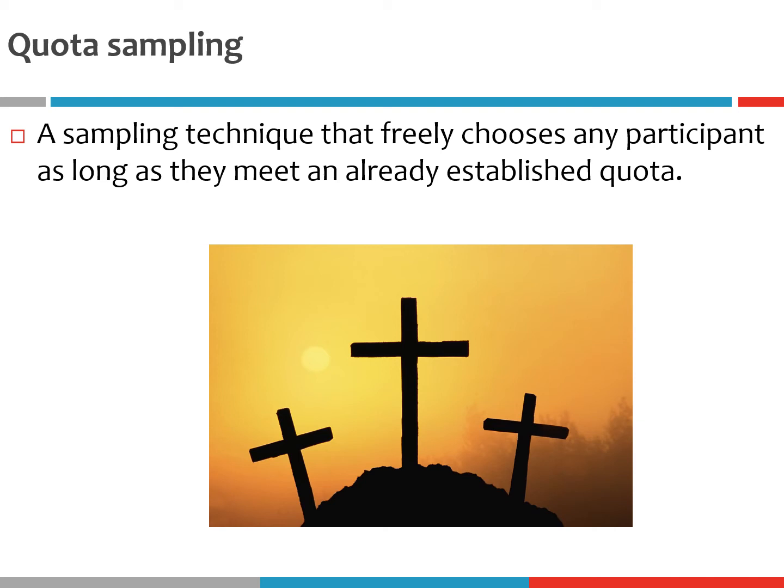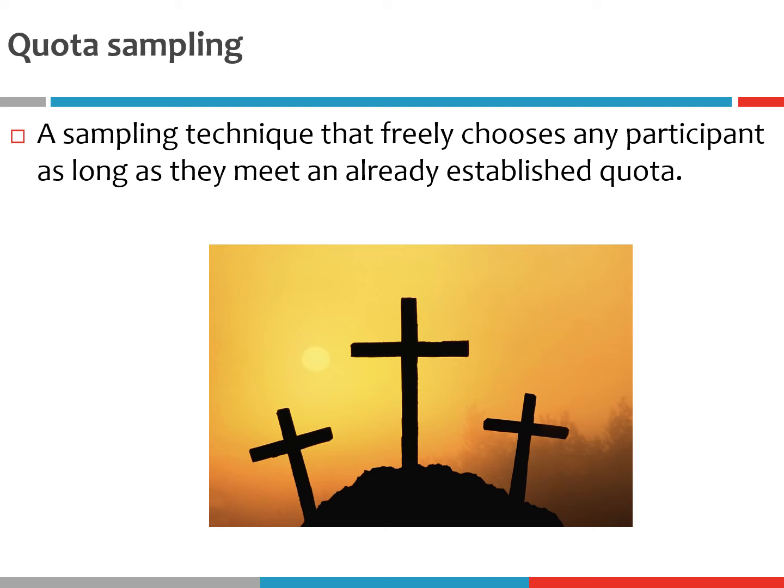That's your specific quota. That researcher can randomly select people from the population, asking their religion each time. Once they reach 70 Christians, they can continue to select at random until they reach 100 participants, but they'll only accept people who don't identify as Christian to be part of the sample.